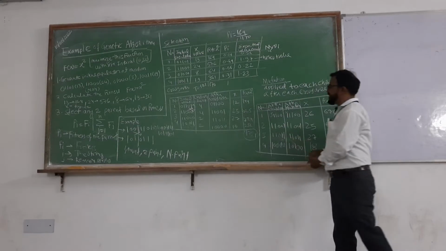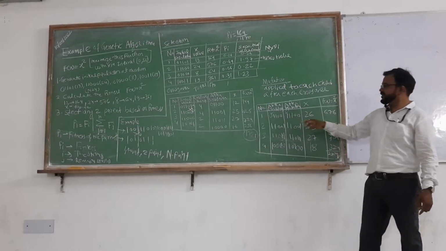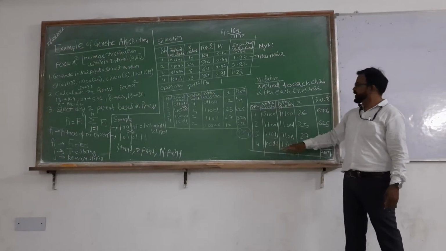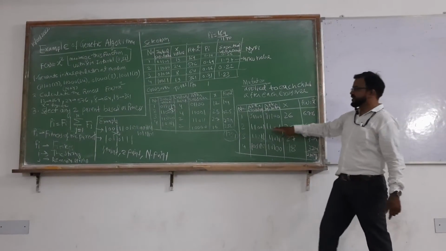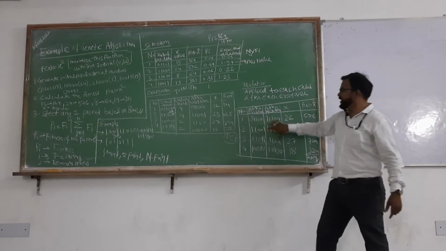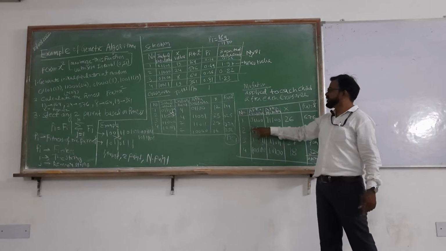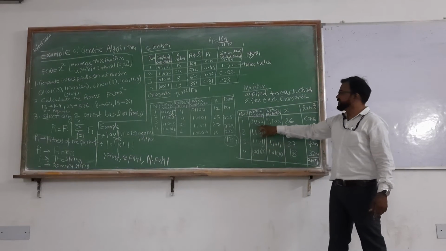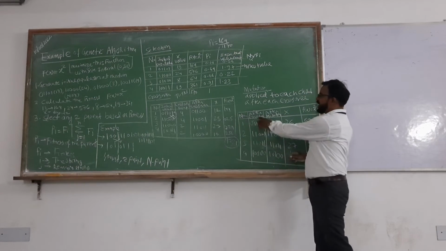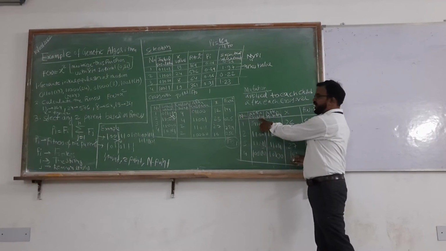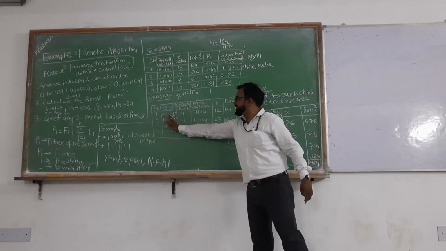So in the mutation section, you can draw this table again and see here we are having these values.